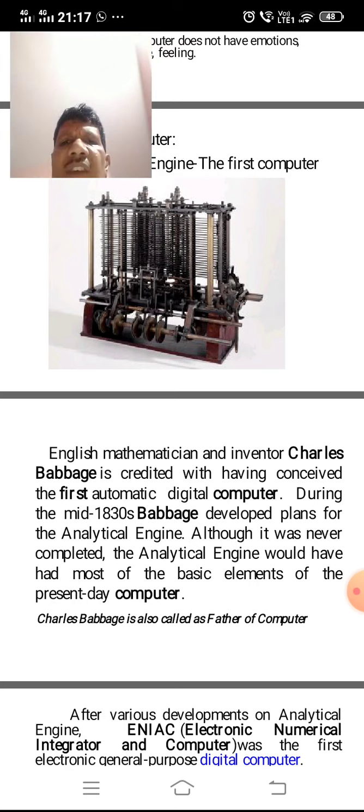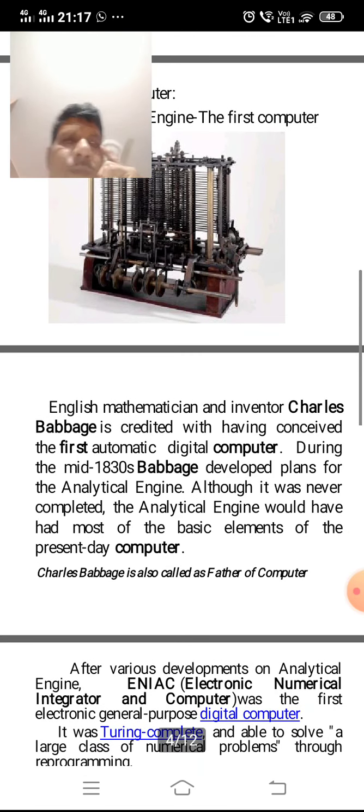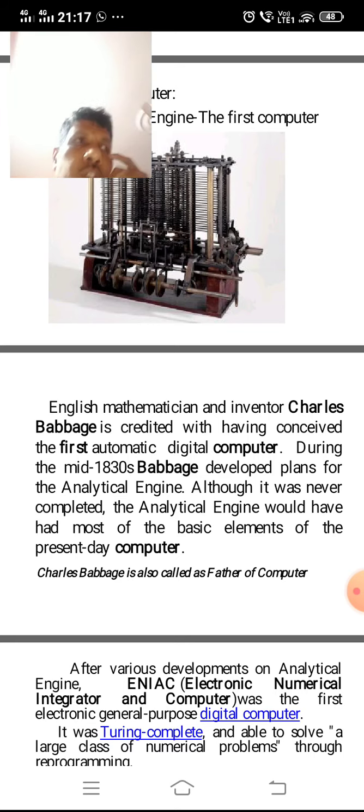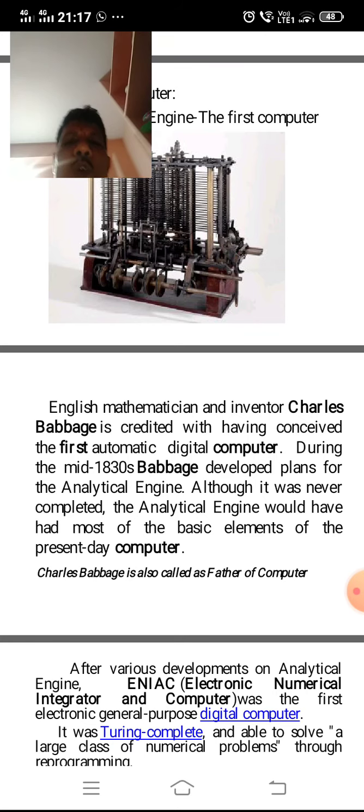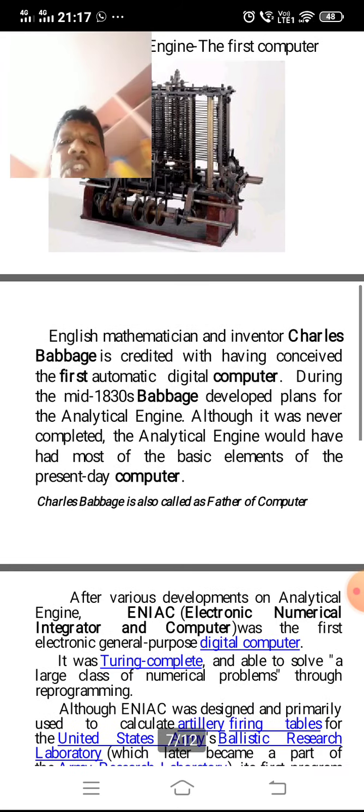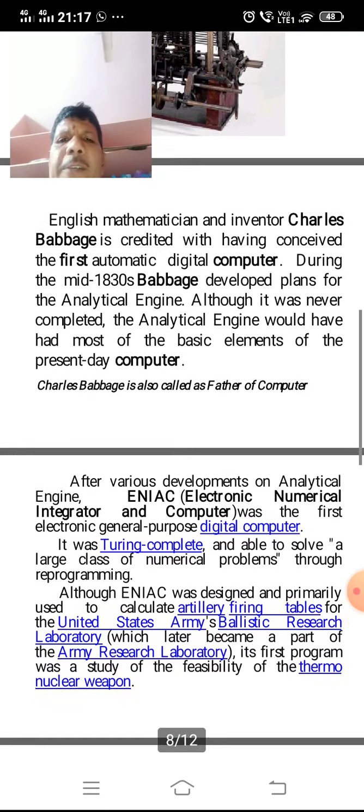Although it was never completed, the analytical engine would have had most of the basic elements of the present-day computer. Before the analytical engine some different computers were also there, but the present computer is completely based on the analytical engine, which has some elements observed in today's computers. So Charles Babbage is called the father of the computer.